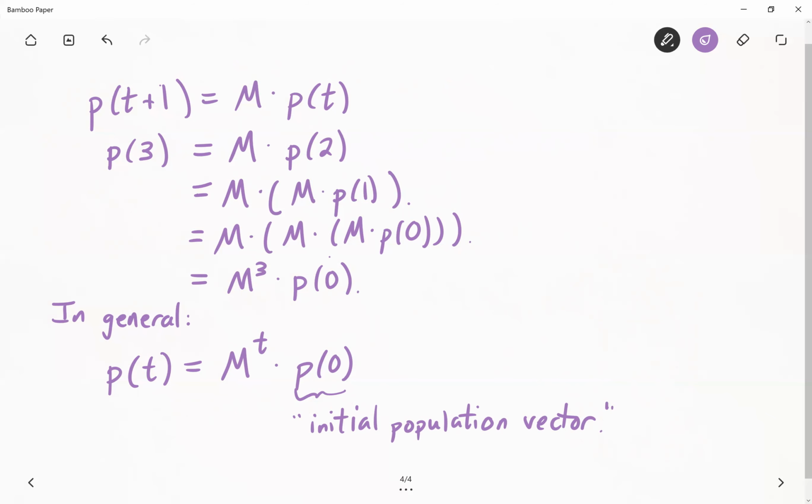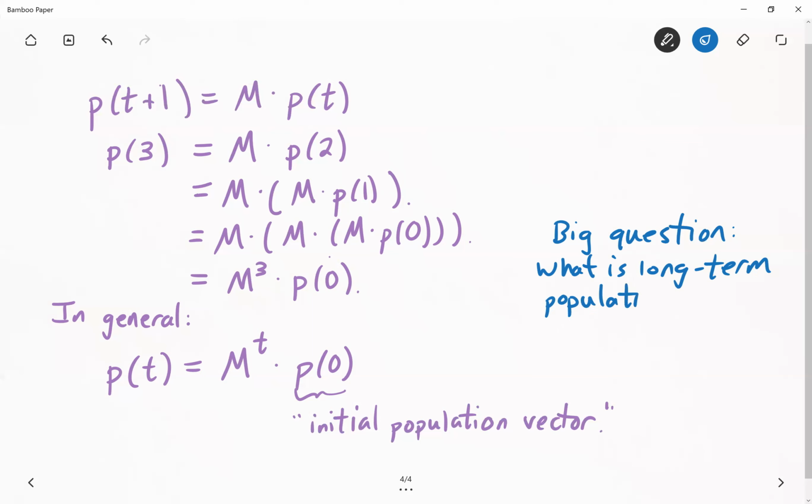And so one question we might ask ourselves is the following. The big question is, what is the long-term population distribution? In other words, does it level out? Does it oscillate?